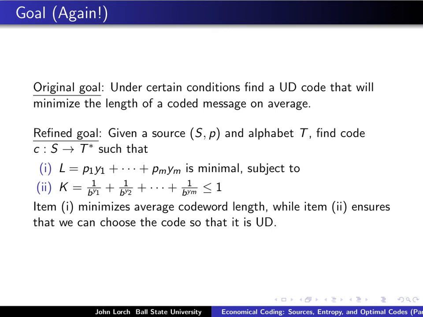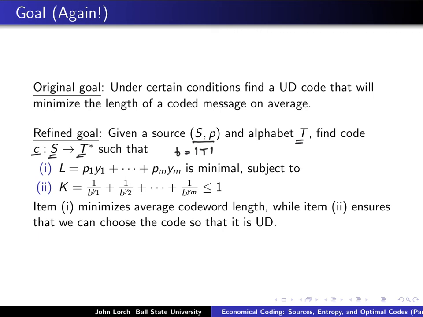If we're given a source, S comma P, and an alphabet T, we want to find a code, capital C, from the alphabet S to strings T star, such that the following things happen. First, we want this L to be minimal, subject to the Kraft-Macmillan number being less than or equal to 1. So remember that B here is the size of the code alphabet T.